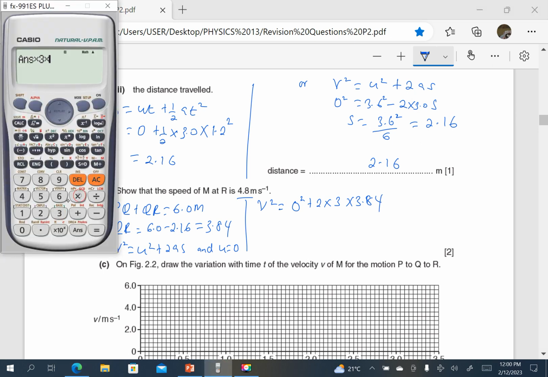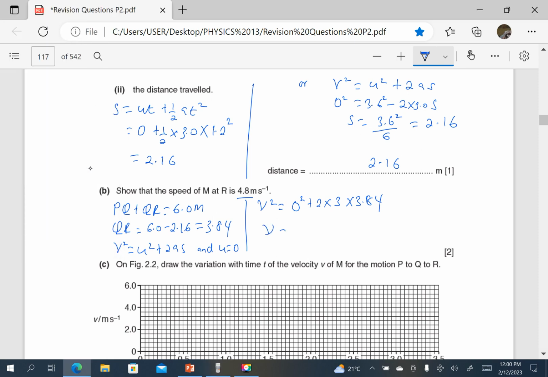You get that one, then you find the square root, which is 4.8. So v is 4.8.